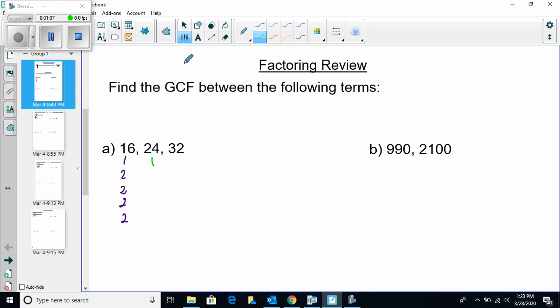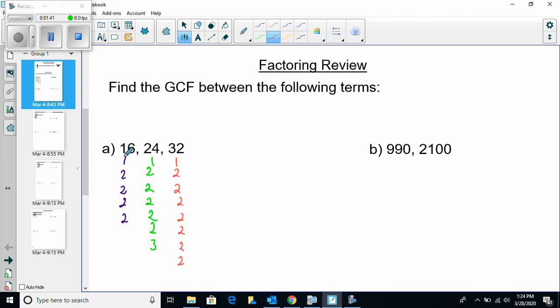For 24, what we will have will be 2, 2, 2, 3. And for 32, what we will have is 2, 2, 2, 2, 2.